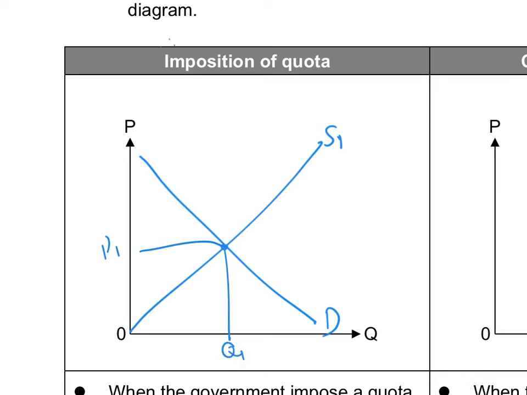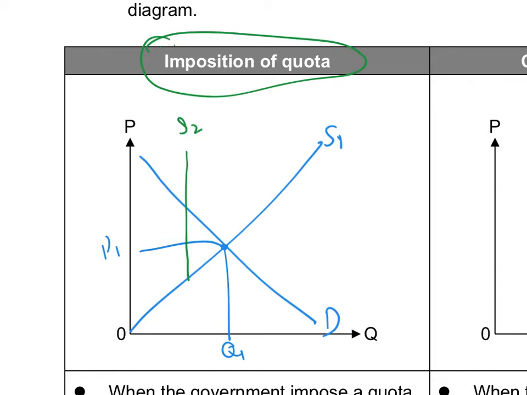Then after the imposition of the quota, the supply curve becomes vertical. But to be effective, it should be to the left of the equilibrium. So it is S2.